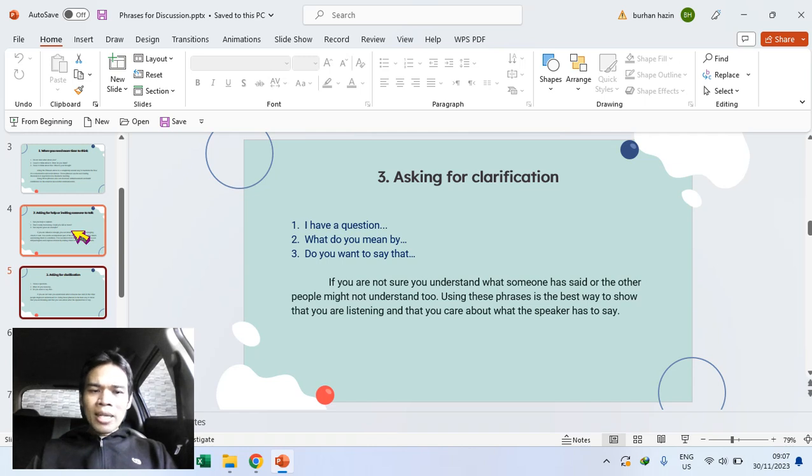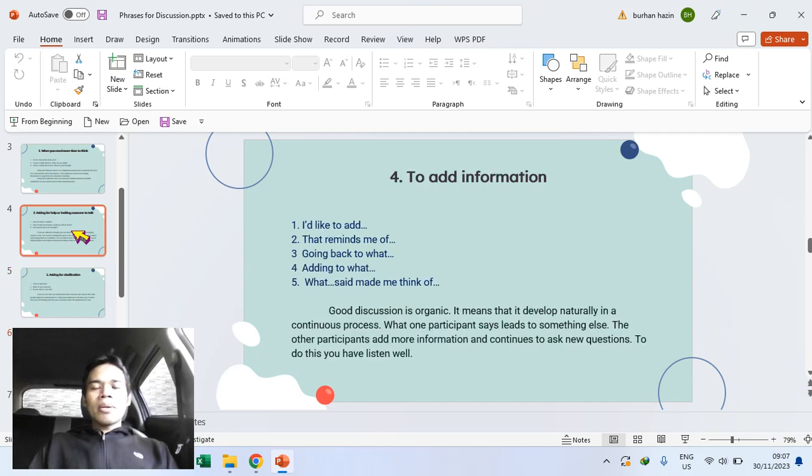"Do you want to say that..." and then you explain what you want to ask clarification about. If you are not sure you understand what someone has said, or the other people might not understand either, using these phrases is the best way to show that you are listening and that you care about what the speaker has to say. Alright, so those are the phrases you can use. But once again, this is not rigid like this, it is only an example of phrases you can use when you ask for clarification and so on.